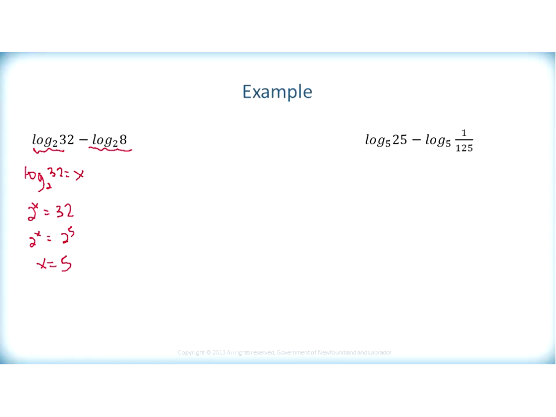That is, this part of the expression is equal to 5. We know this since 2 to the power of 5 is 32. That would give this to be 3. So 5 subtract 3, this expression would be equal to 2. Here we have, since 5 to the power of 2 is 25, this would give us 2. And subtract 5 to the negative 3 would give us 1 over 125. That would be negative 3. This would give us 5.